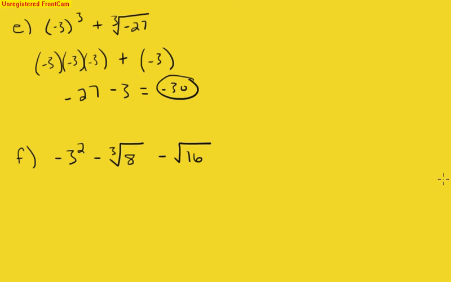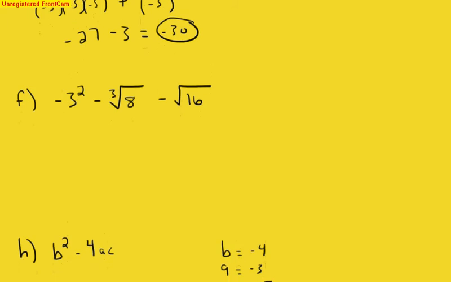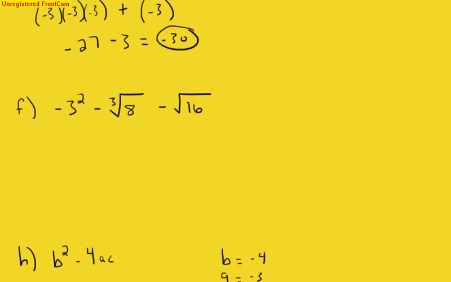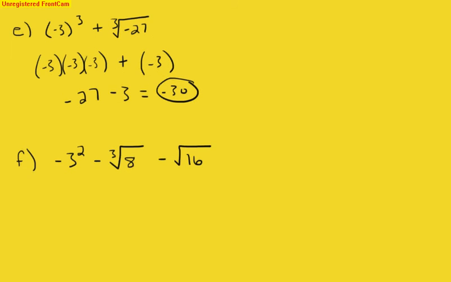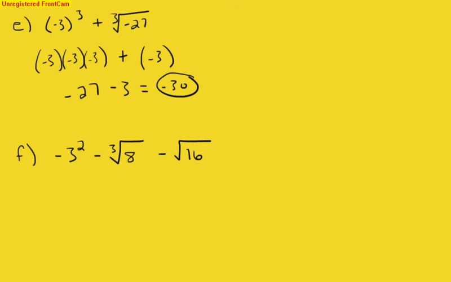We're going to skip G and just do F. Oh, sorry, we've got to do F, then we'll skip G to go to H. F says the opposite of 3 squared minus the cube root of 8.